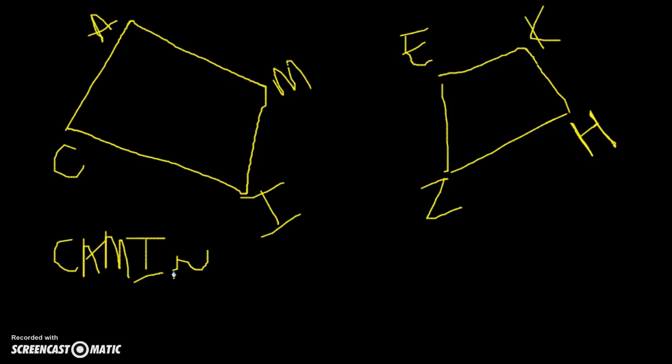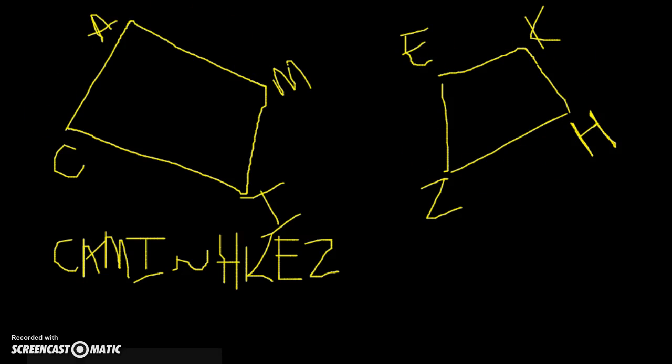You might have the angles marked like in the problems in the previous lesson where you then have to determine the congruency statement, but I'll go ahead and give these to you, and we'll say that this is H, K, E, Z. Okay, so what that tells me is that this shape goes that way, and this shape goes that way. So we need to make sure we pay attention to that when we're figuring these out.